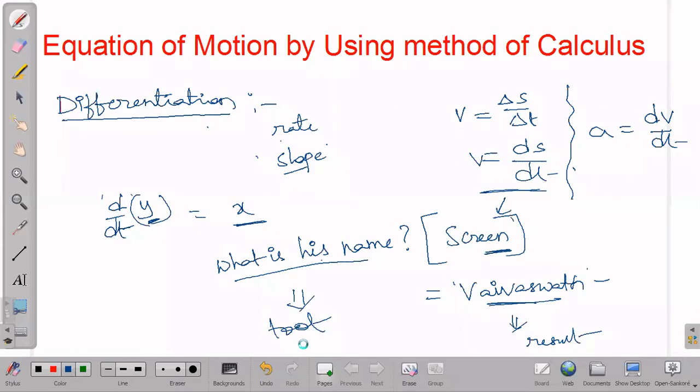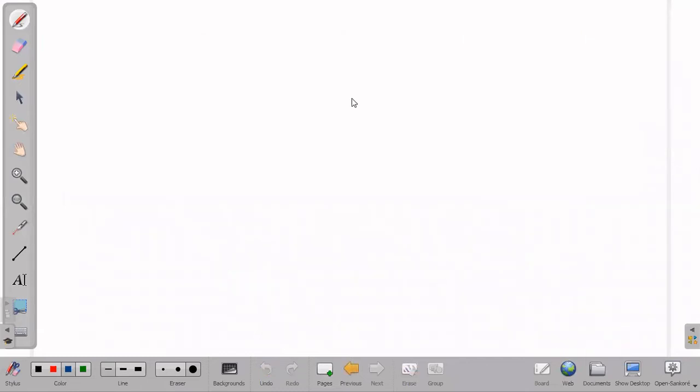Next, one more mathematical tool which is required here is integration. Okay, so the next topic is integration. So these two are required for us. Integration is what? Suppose we have something to add, so usually we will be writing summation.